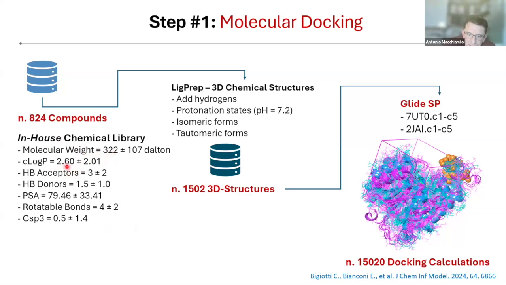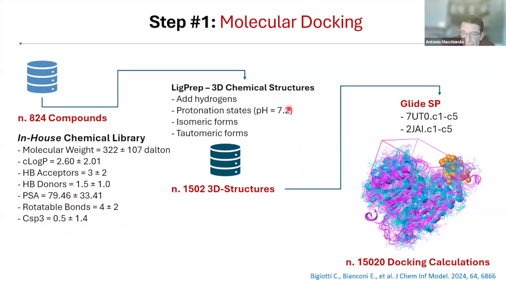They have a CLogP around 2.6, a number of hydrogen bond acceptors of 3 ± 2, hydrogen bond donors of, on average, 1.5 ± 1, a polar surface area of 79, a number of rotatable bonds on average of 4 ± 2, and a number of asymmetric carbons of 0.5 on average, ± 1.4.